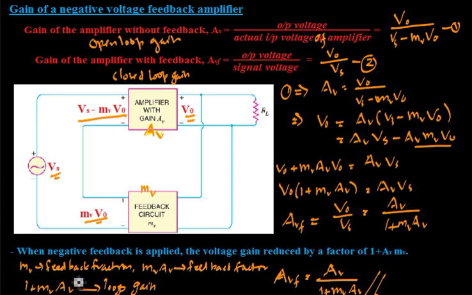So MV is the feedback fraction, MVAV is the feedback factor, and 1 plus MVAV is the loop gain, and AVF is the closed loop gain, and AV is the open loop gain. So this is a very important expression in the case of a negative feedback amplifier. Thank you.